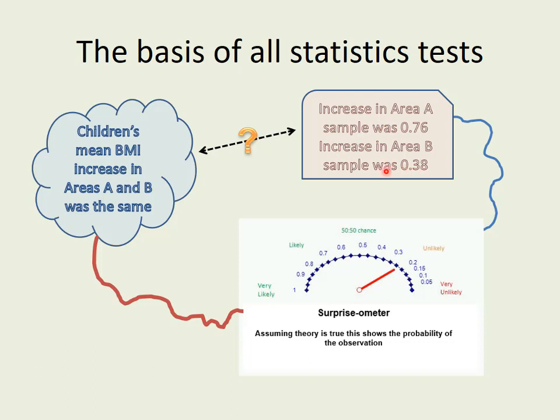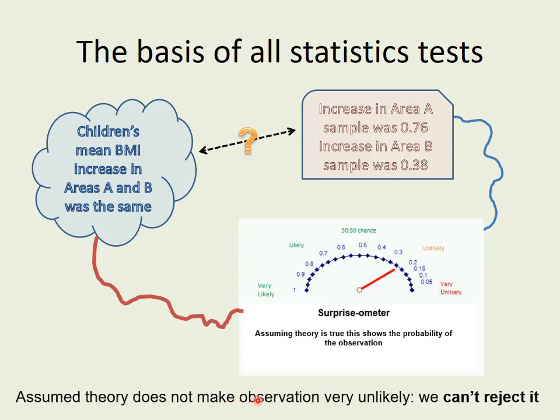We say, okay, how surprising is it, if I make this assumption, that I'm going to get 34 children from A and 34 children from B with this much difference? And it turned out that yeah, that could happen. It's not too surprising. So because the theory doesn't make that observation too unlikely, we can't reject it. So it could well be that this is true. So we can't draw any conclusions about differences in A and B from that example.